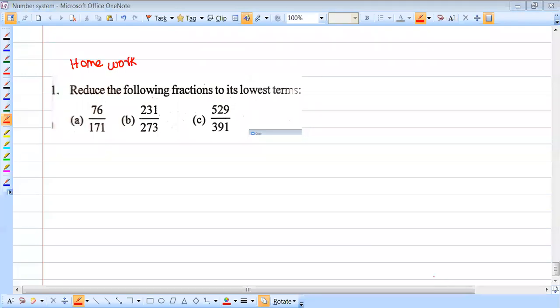Next week I will discuss the answers. One more homework question is also there. Let me share this one also.